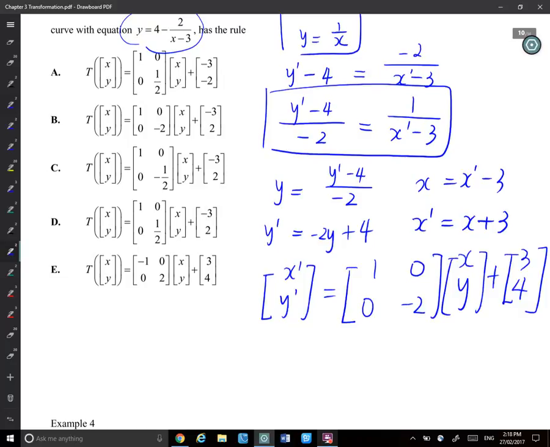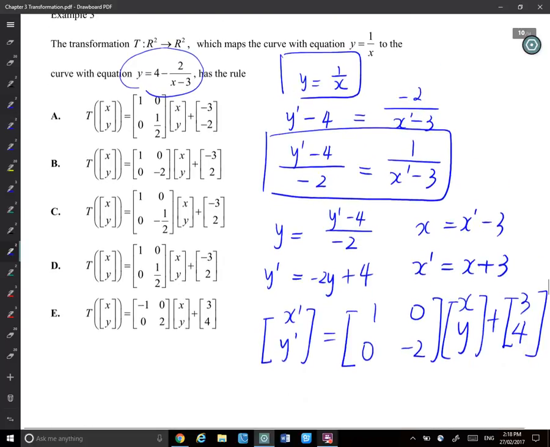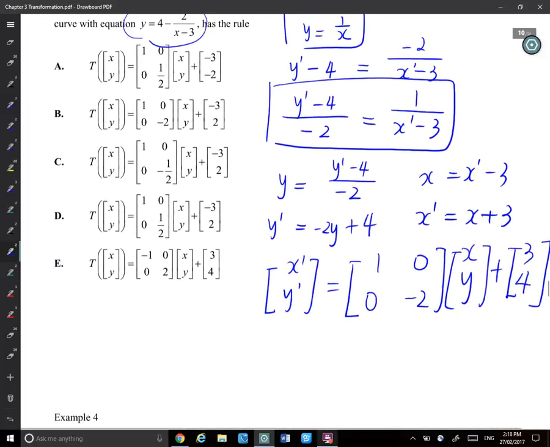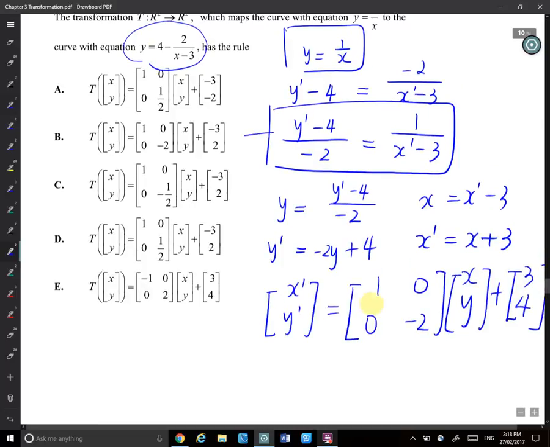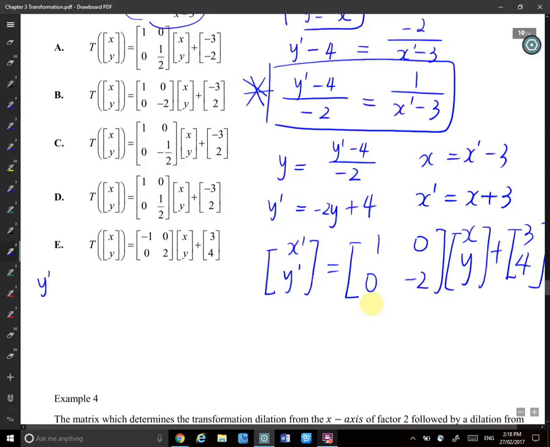So what I may change here is this equation. Let's put it here. I will put y dash minus 4 over 2 equals 1 over minus bracket x dash minus 3.